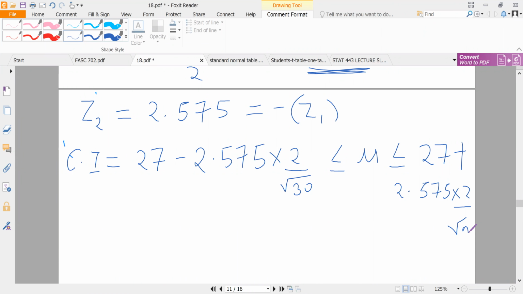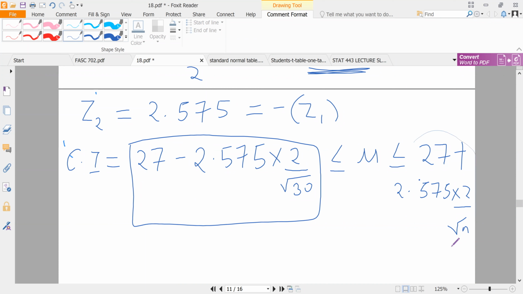If you calculate this quantity, you get the lower value of the interval. And if you calculate this other quantity here, you get the upper value of the interval.